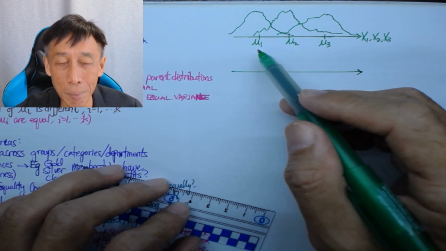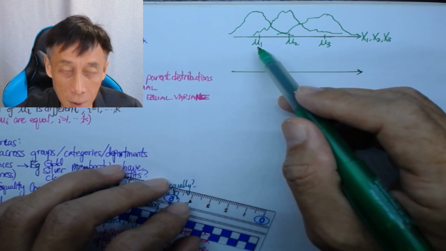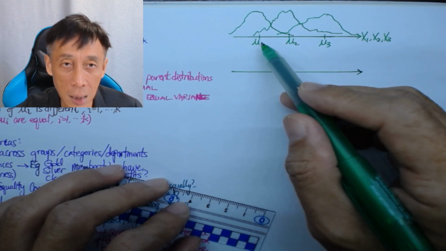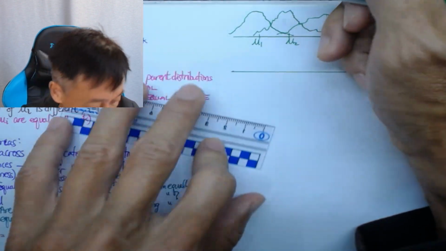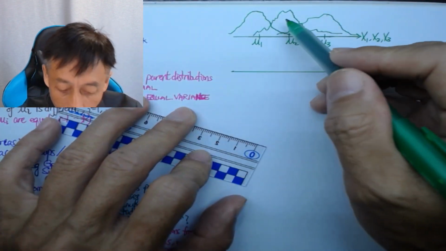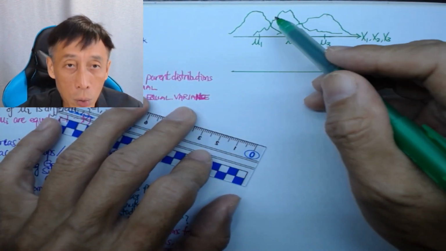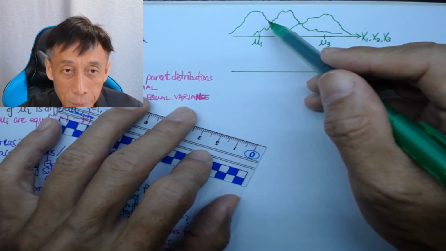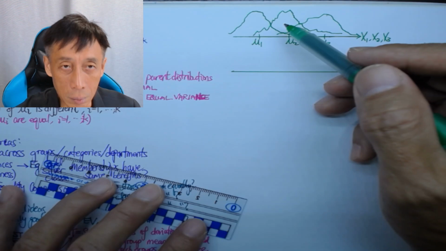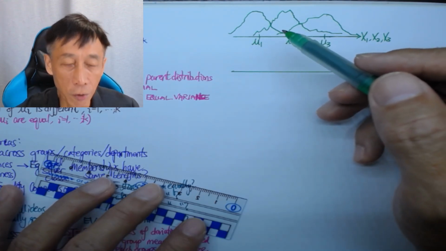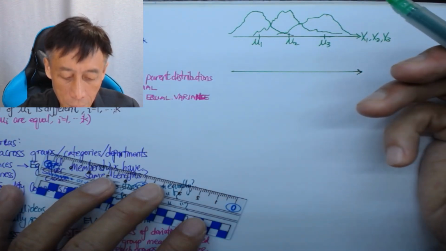So that's the main question to answer. And the key lies in the analysis of the individual variances. Variances as in sigma 1 square, sigma 2 square. But we can also deal with the squared differences or the relative squared differences, as we'll see in a while.